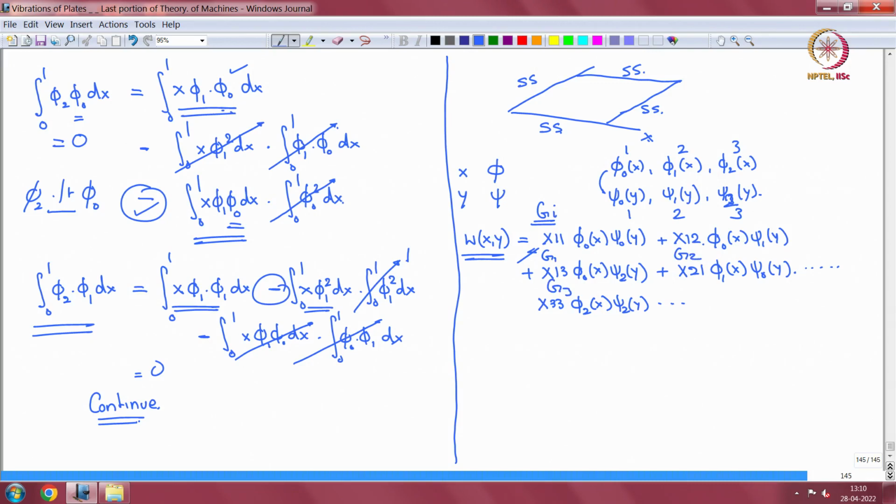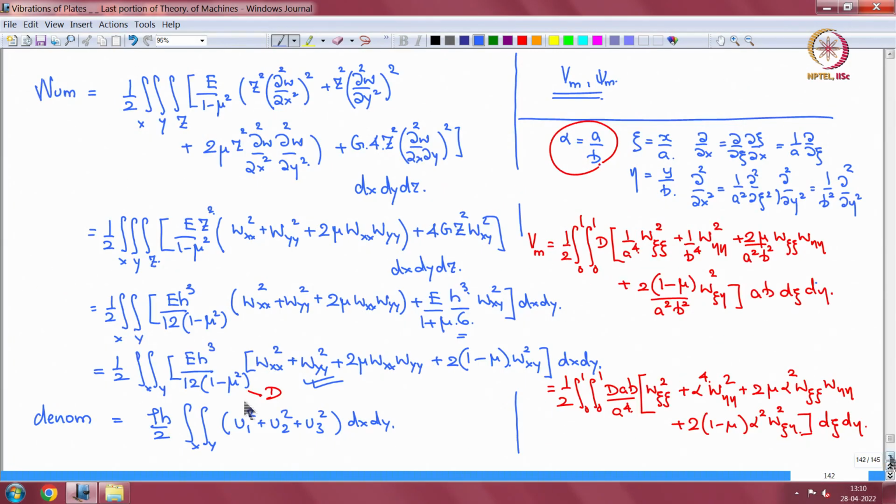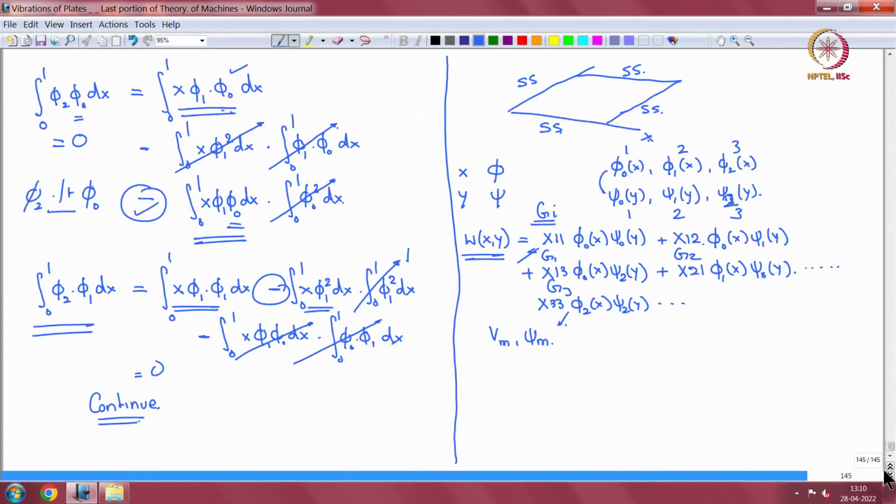Then you compute your Vm and chi m by substituting this in there, and we found Vm and chi m earlier. Then you start doing del Vm by del x11 minus omega square del chi m by del x11 equal to 0.